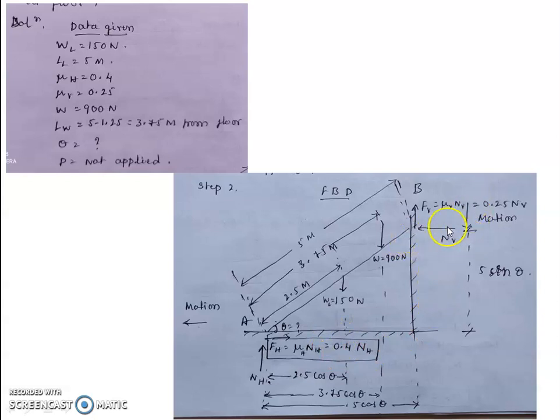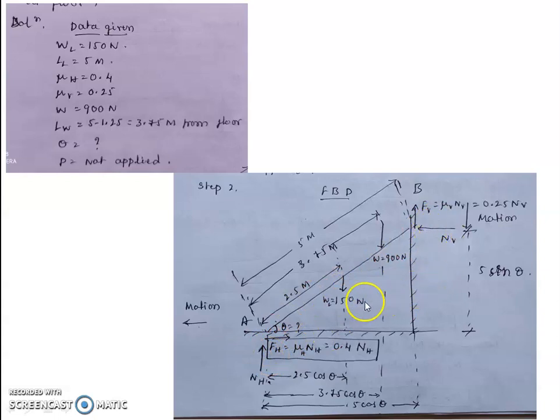Similarly, the motion of the ladder is downwards, hence friction will be generated upwards. That I will call Fv, and it is given by mu v into Nv. Mu v in the problem is 0.25. Since this is also a contact surface, one reaction will be generated, that is Nv. Two contact points A and B, hence two reactions and two friction forces.